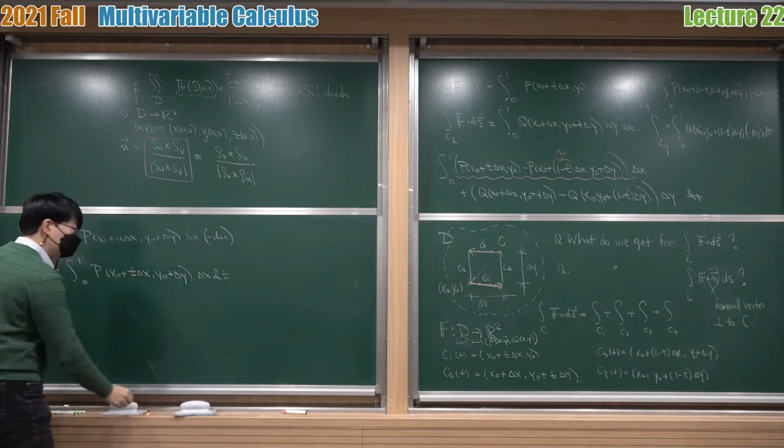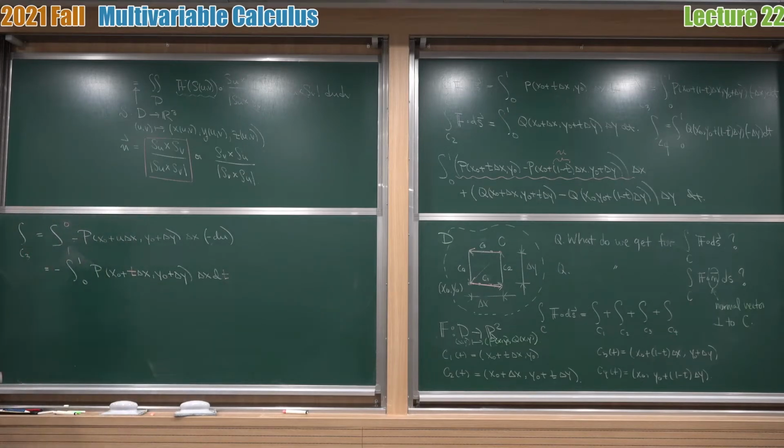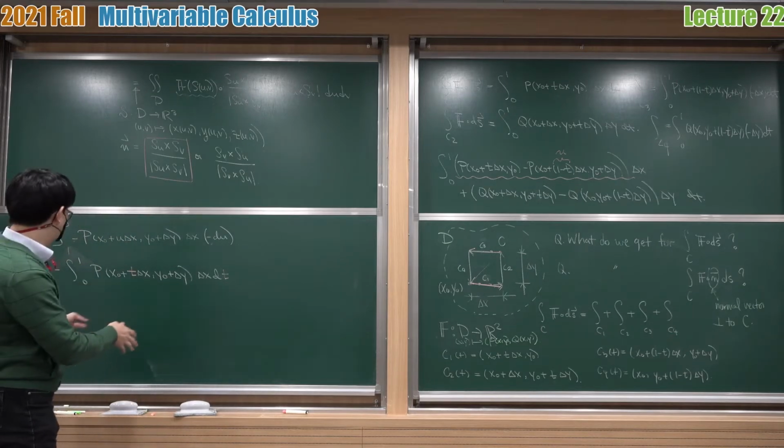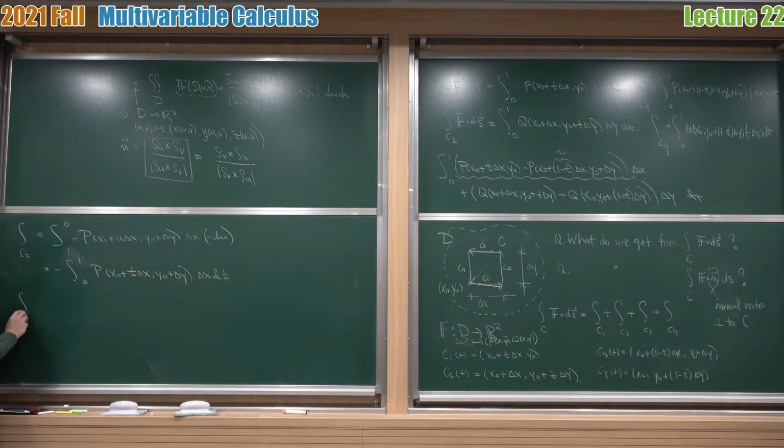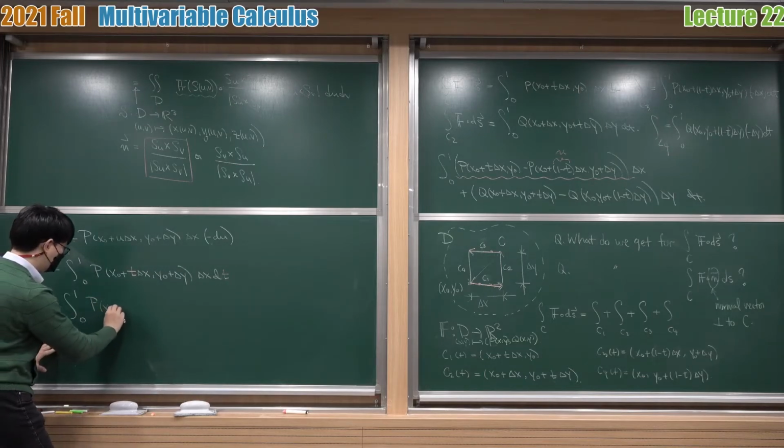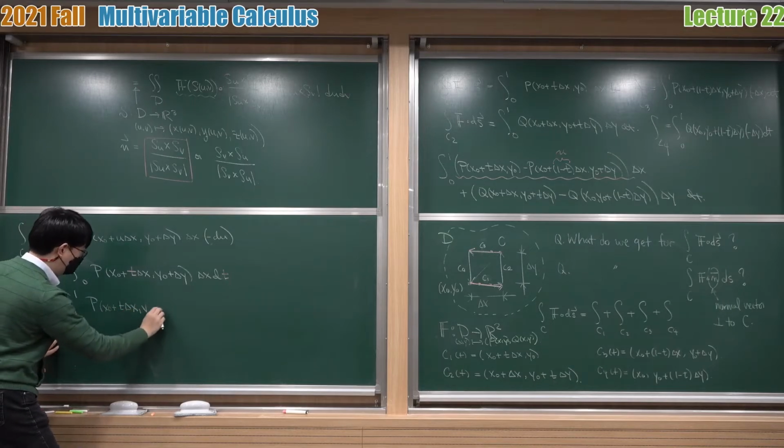Let's combine that with the integration on C1. So C1 plus C3 now becomes, C1 is already written in terms of t from 0 to 1, so it's the integral from 0 to 1 of p at x0 plus t delta x, y0.